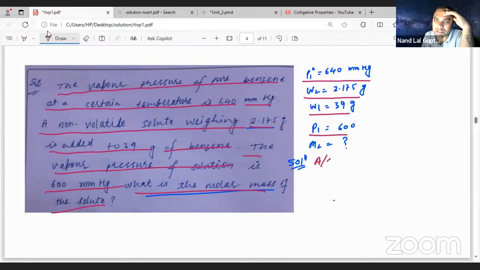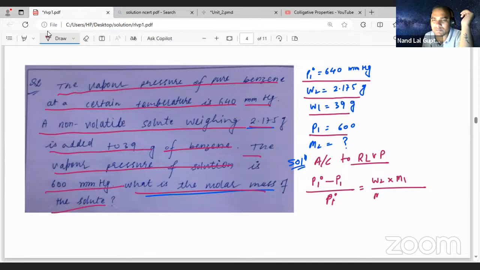According to which principle do we have to apply? According to RLVP, relative lowering of vapor pressure. What is the formula? P1 naught minus P1 divided by P1 naught equals W2 multiplied by M1 divided by M2 multiplied by W1.